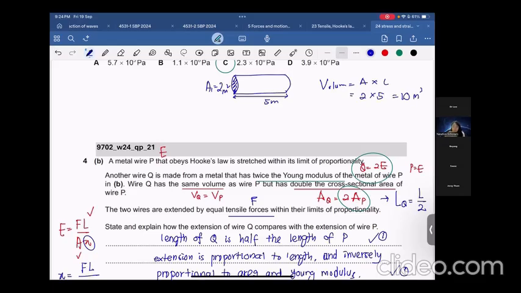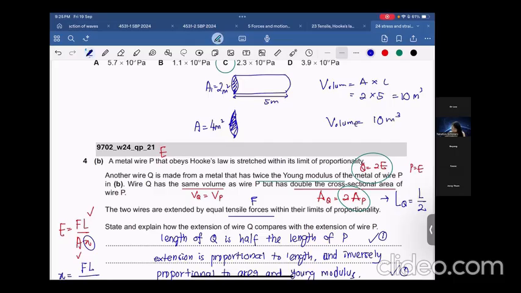Now I have another wire with double the cross-sectional area. So this becomes 4 meters square. But do you think you still have the 5 meter length to get 10? The volume here is still 10 meters cube.